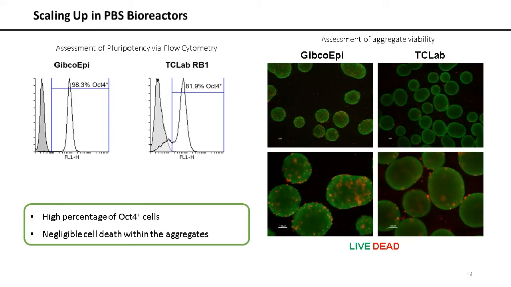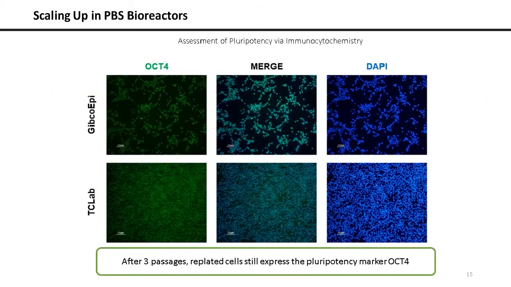At the end of 3 passages, we also assessed if the cells were still pluripotent, first via flow cytometry by staining for OCT4, and there was still a high percentage of OCT4 positive cells after the 3 passages, which was further confirmed by replating the cells, staining them for OCT4 and analyzing them via immunocytochemistry.